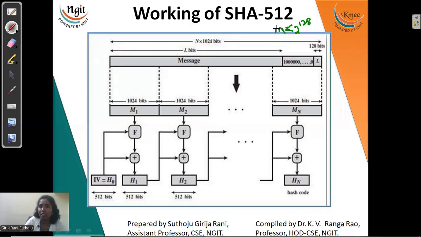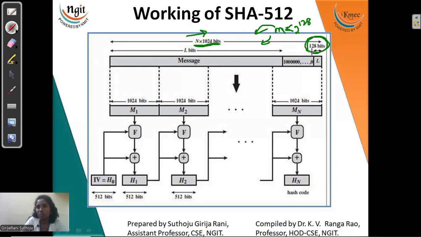Then after taking your message, you convert it into a multiple of 1024 bits. If it is not a multiple of 1024 bits, you pad extra bits to make it one. In this total multiple of 1024 bits, we should also include the length of the message, which is stored in 128 bits.